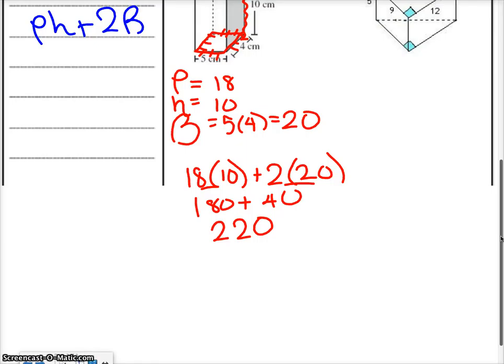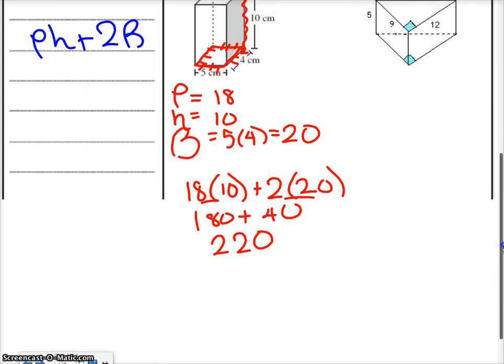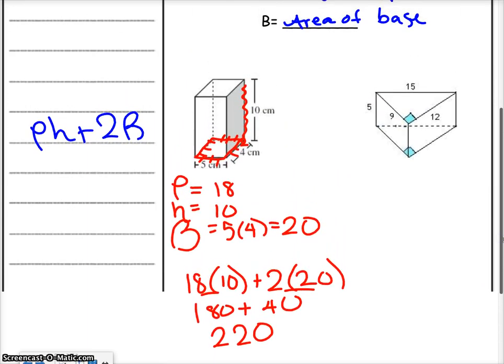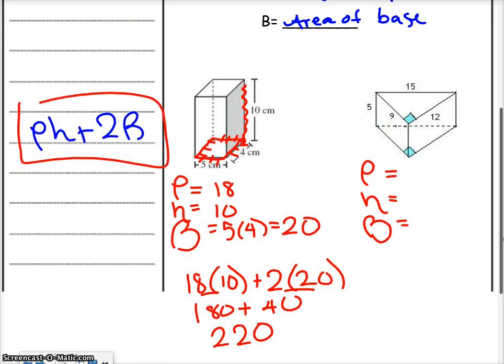Okay, sweet. Now it gets more difficult with triangles, darn it. Again, isolate each part. I say, what's the perimeter of my base? What's the height of my prism? What's the big B? And then I pull it all together into the formula.